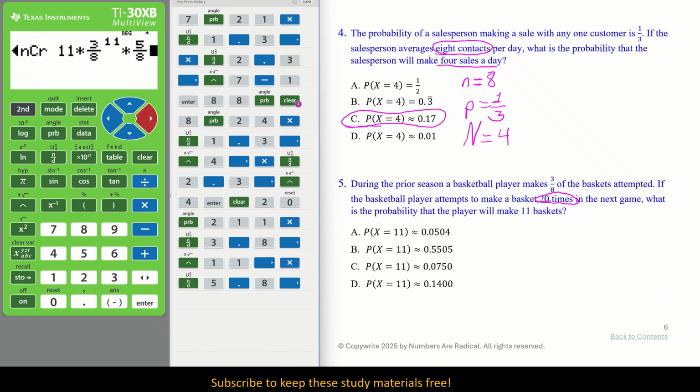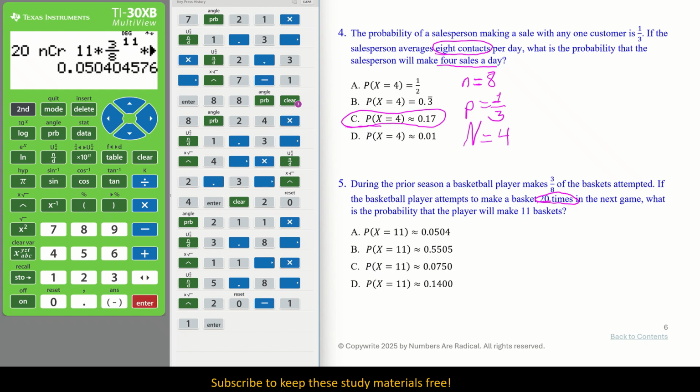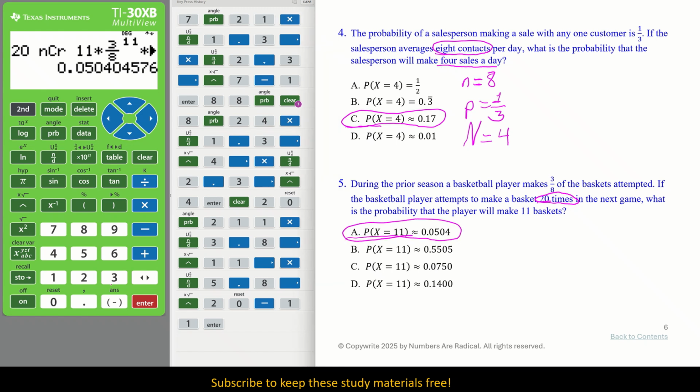And then what would we put that up to? Well, let's not do that in our head. Carry it up, 20 minus 11, which is 9. But I'm not going to do that in my head. I want to make sure I'm accurate. So let's push enter. Let's see what we have. With some rounding, looks like option A is what we need.